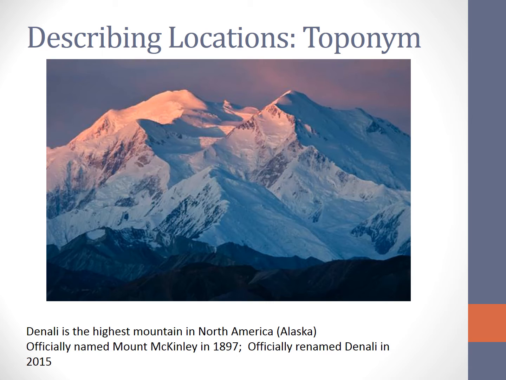The name Denali was restored by the state of Alaska in 1975, but not officially renamed by the U.S. until September 2015. The Secretary of the Interior, Sally Jewell, stated, "This name change recognizes the sacred status of Denali to many Alaska natives."